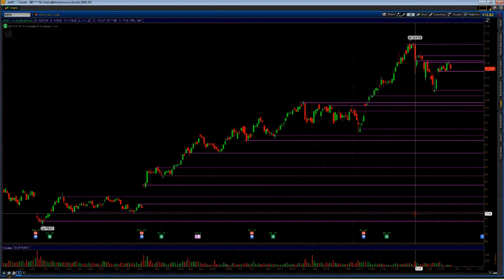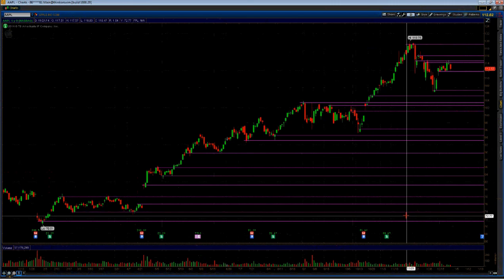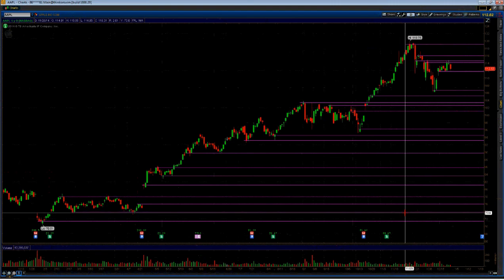How many days does it take for Apple to move to? Yeah, 1. But what would the importance be to stacking the trades, to buying multiple trades during a run?